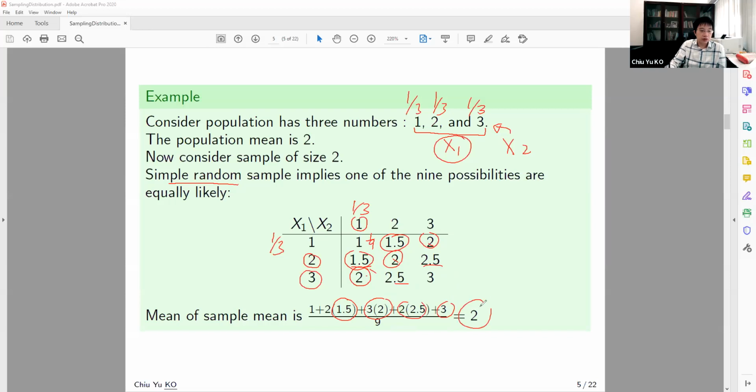So the average is 2. The mean of the sample mean, or more accurately the expected value. The word mean is not really a very good definition because we don't define it, but mean in our model is equivalent to the expected value.